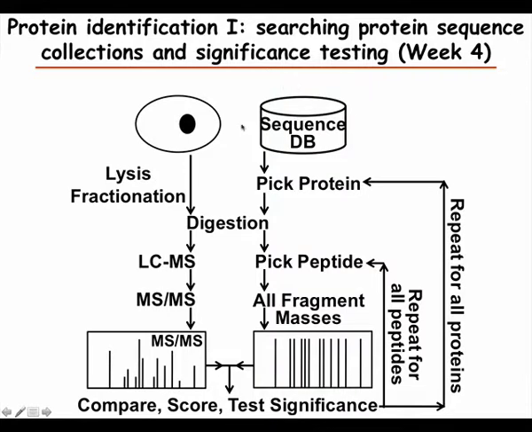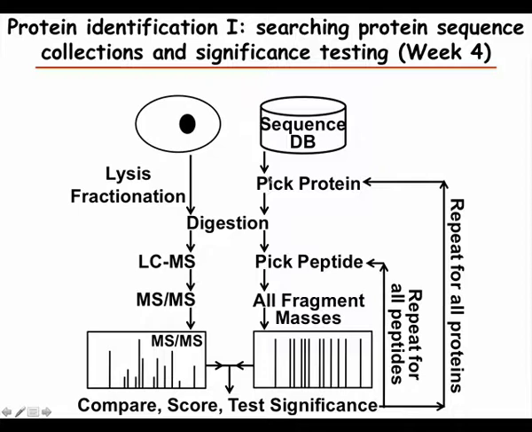In the computer, we take a sequence database, pick one protein first, then digest it in the computer using the same rules as the enzyme used in the experiment. Then we pick one peptide, calculate all the fragment masses, and compare them to the fragment mass spectrum. We repeat this for every peptide in that protein and for every protein in the database.